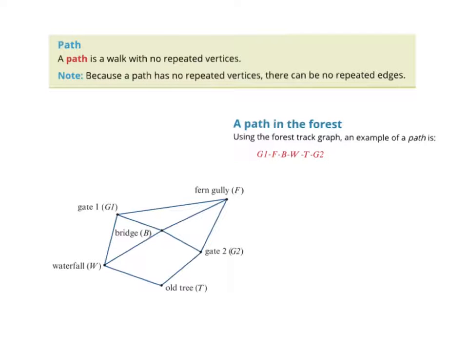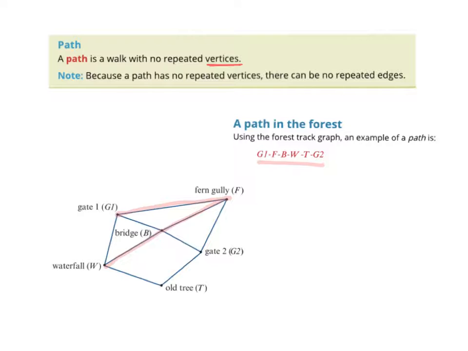All right. So a path is a walk with no repeated vertices. That means you're not going to the same point or spot again. So let's do this as an example. A path is I go from gate 1 to the fern, down to the bridge, to the waterfall.